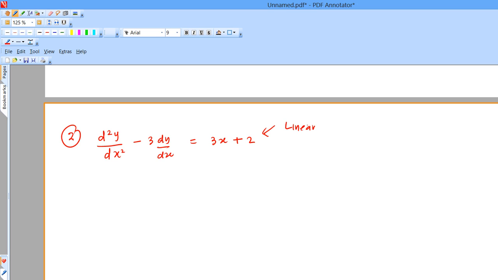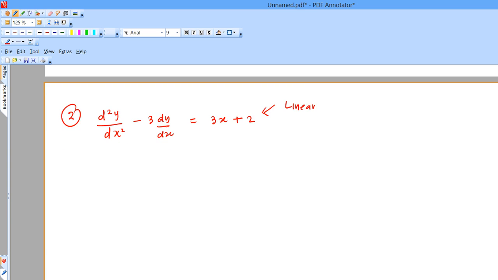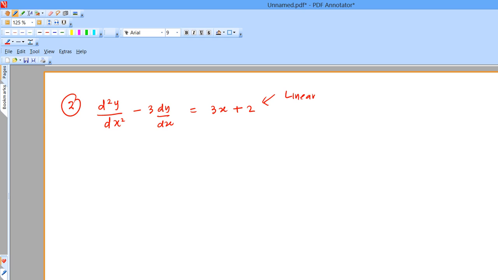How to solve for homogeneous? Just set the right hand side equal to 0, and then we can let d square y over dx square equal to m square, minus 3 dy over dx equal to m.